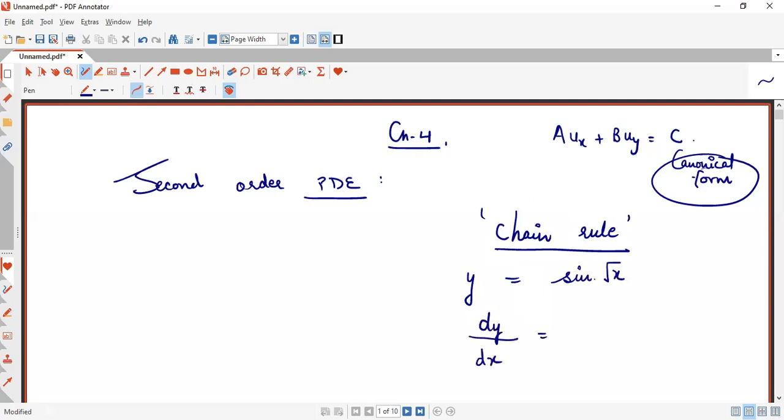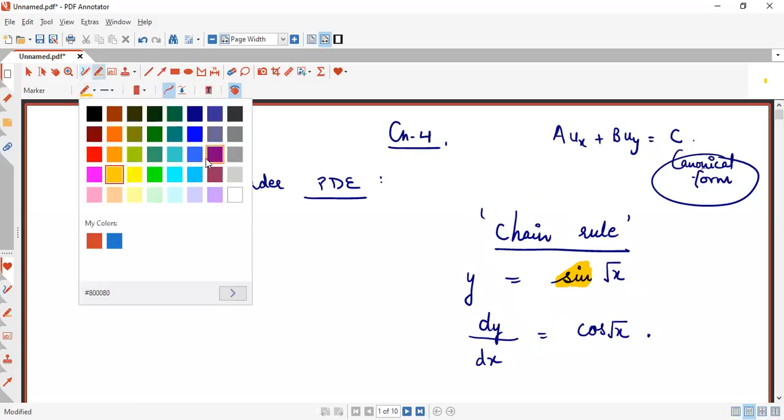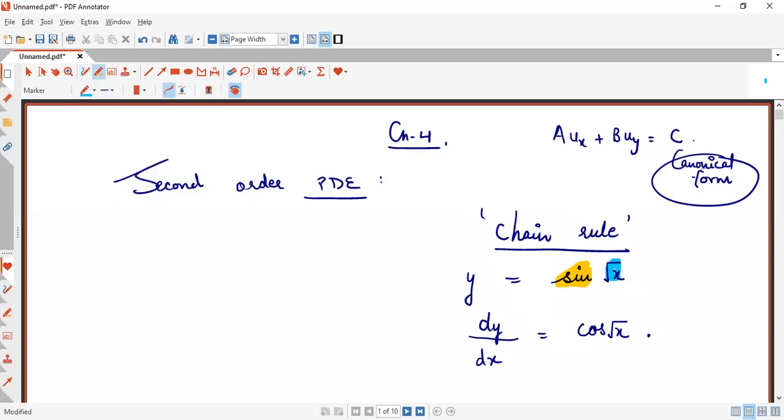What you'll do? You'll find the differentiation of first sine, correct? What is the differentiation of sine? Cos. You'll put the angle as such, correct? Now next, you'll move on to the angle part. Angle part here is root x. What will be the differentiation of root x here? 1 by 2 root x, correct?